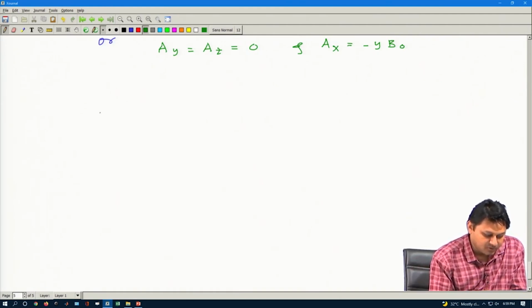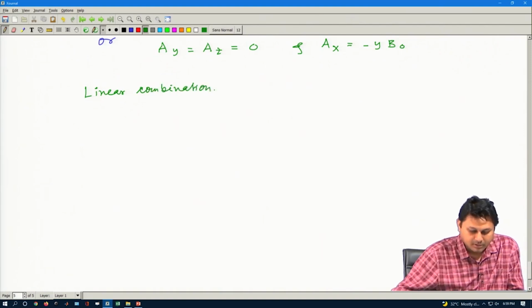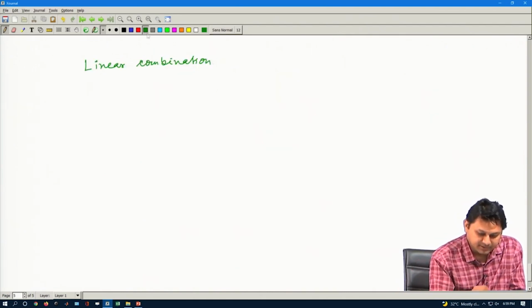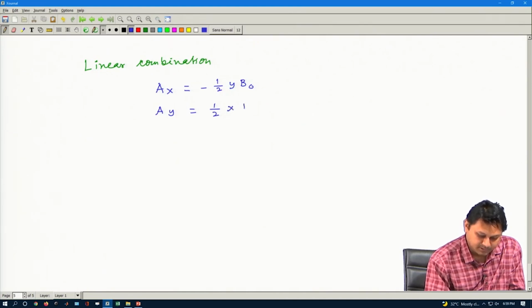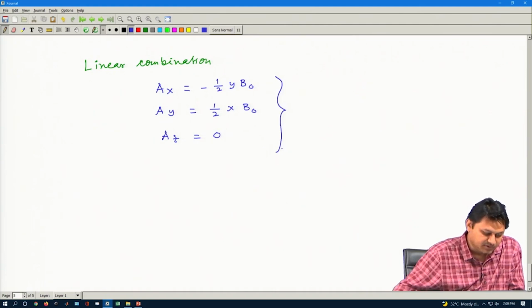The linear combination of these solutions gives A x equal to minus half y B0, A y equal to half x B0, and A z equal to 0.